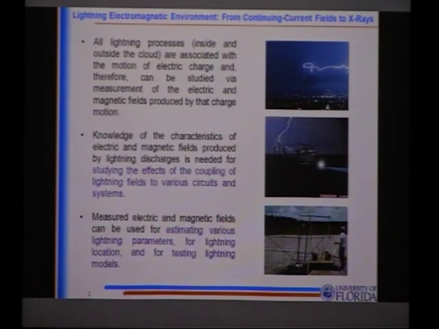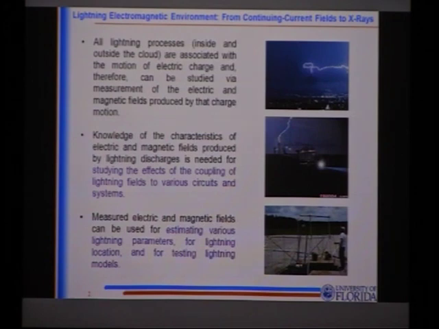As you know, all lightning processes are associated with the motion of electric charge, and therefore can be studied via measurement of the electric and magnetic fields produced by that charge motion. On the one hand, lightning electric and magnetic fields are needed for studying the effects of the coupling of those fields to various circuits and systems.